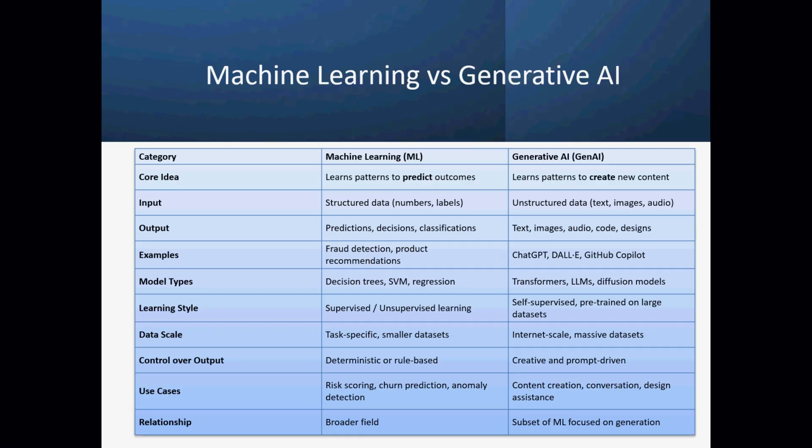And the output is usually deterministic in the case of machine learning, where it predicts something, makes a decision, or classifies, right? But generative AI output is non-deterministic in nature. So I want to put a little stress on these two terms, deterministic and non-deterministic.